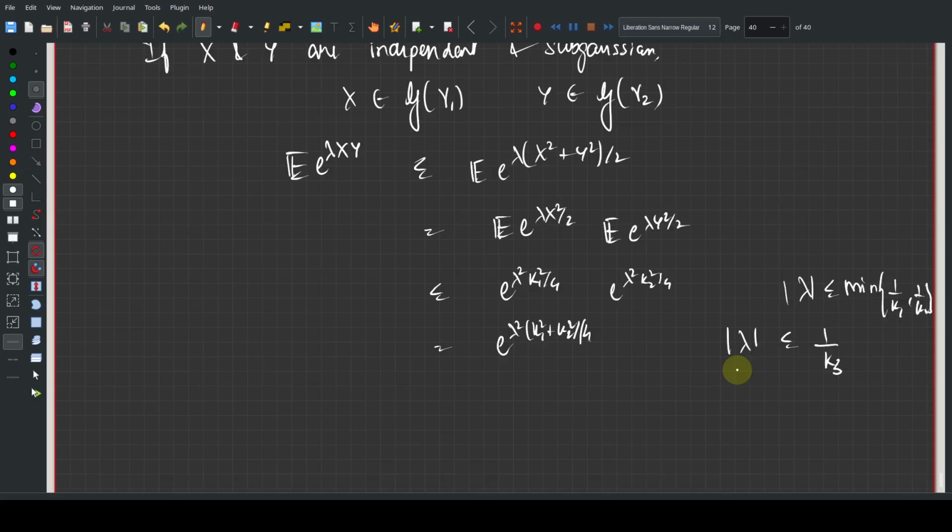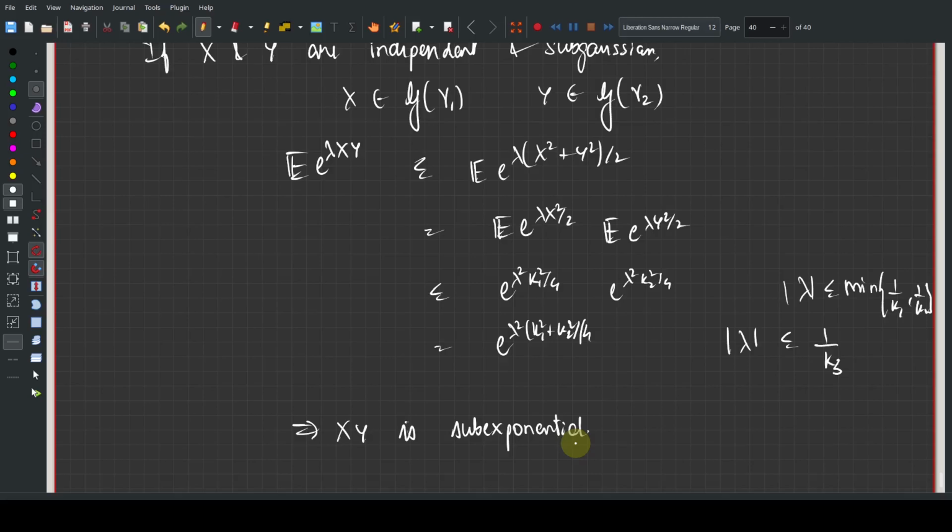Right? So what this means is that xy is sub-exponential.